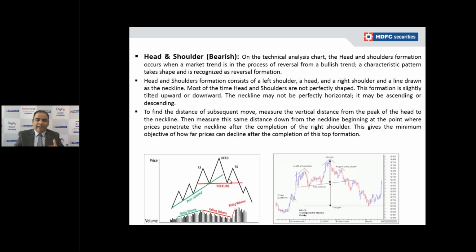A red line here becomes the neckline. This is the left shoulder, this is the right shoulder, and the middle one is the head. Once the neckline breaks, the pattern activates and the uptrend gets reversed, moving into a downtrend.